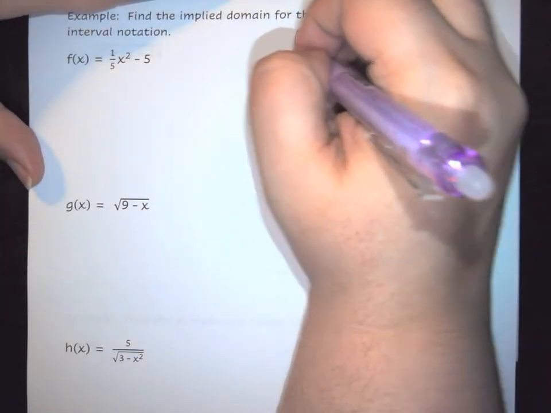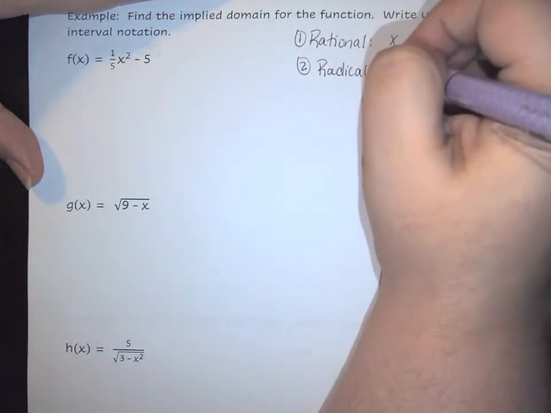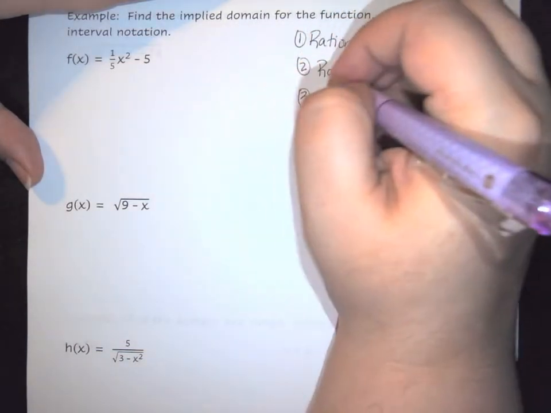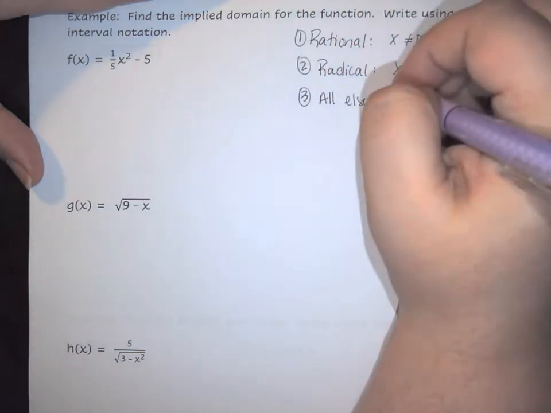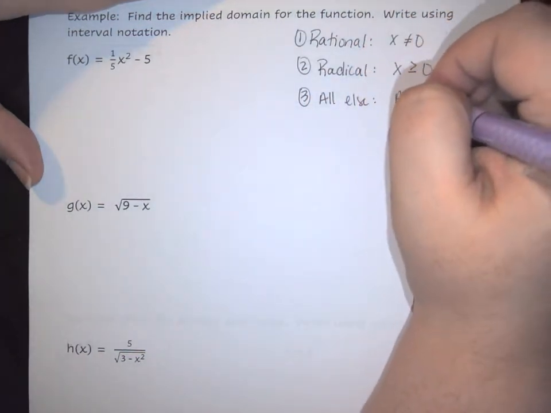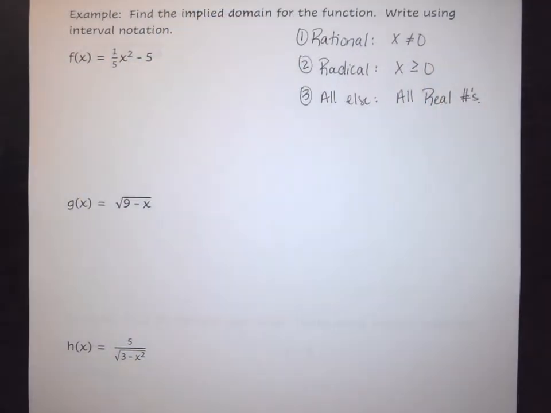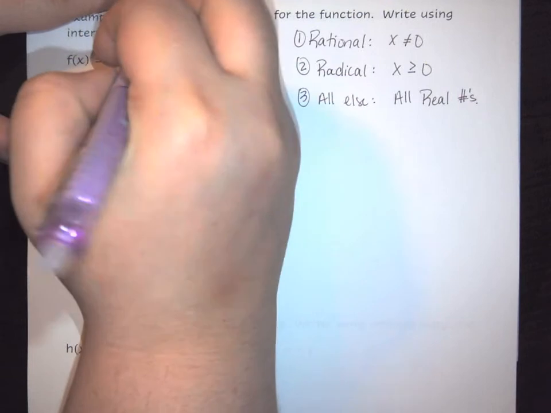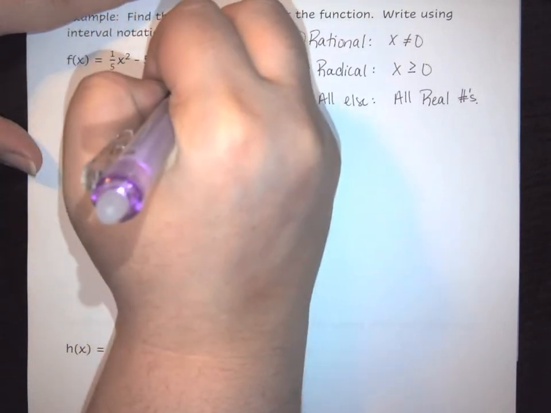You have the radical rules, which say X must be greater than or equal to 0. And then you have everything else, and all else says that you have all real numbers. So here we are dealing with a quadratic. Therefore, my domain in this case is going to be all real numbers.